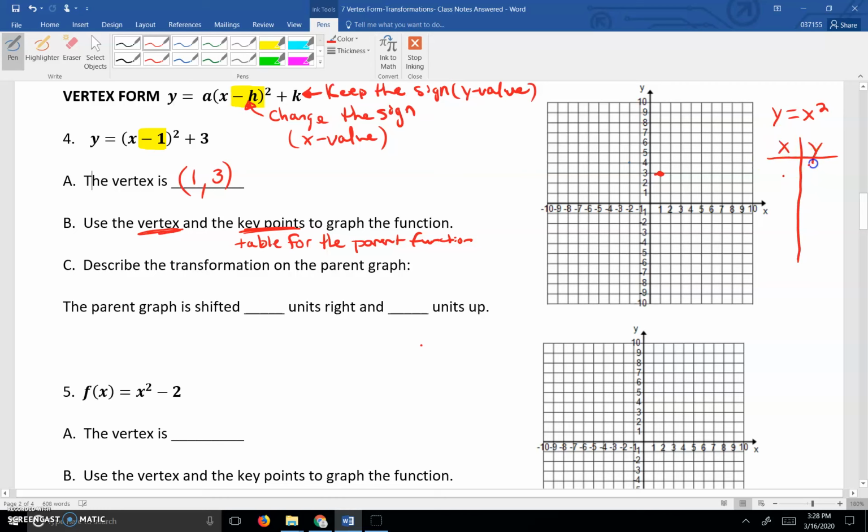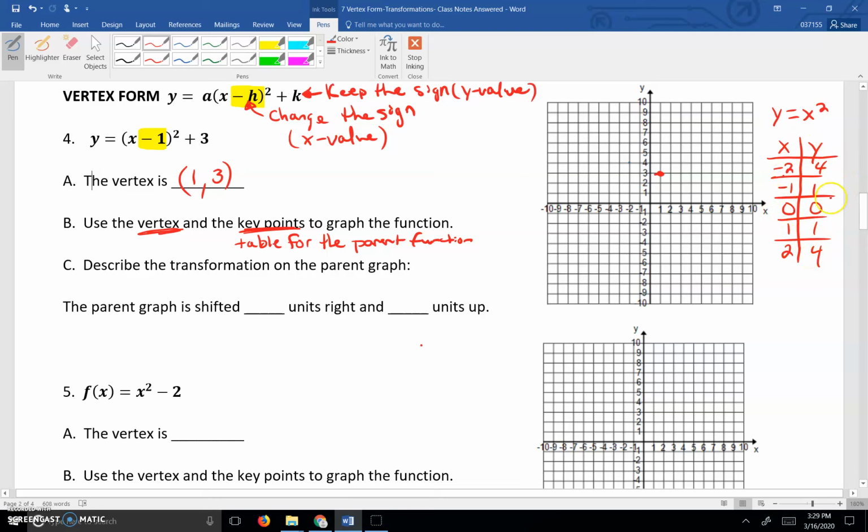X and y, and I had x values of negative 2, negative 1, 0, 1, and 2. My y values, when I plugged the x values in, gave me 4, 1, 0, 1, and 4. This is what we consider our key points, or our table for our parent function.